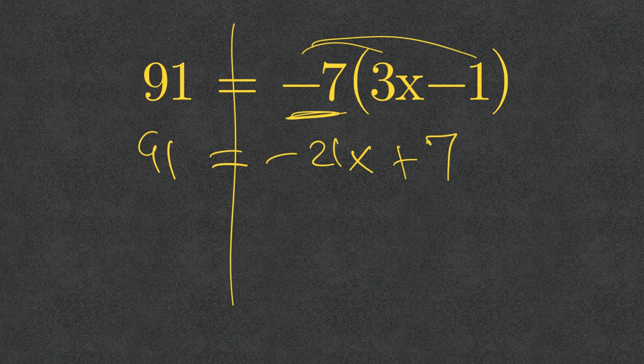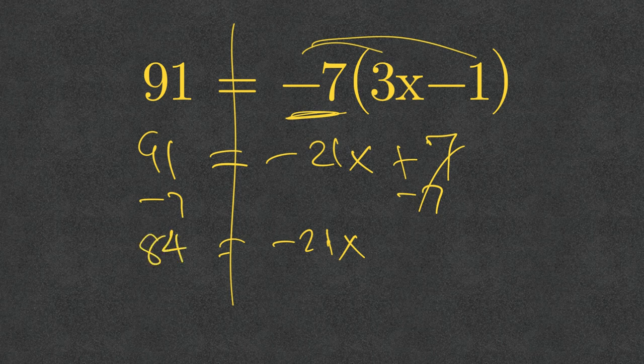Do we need to add or subtract anything? Do what with the 7? Subtract 7 from both sides. Boom. 7s are gone. Negative 21x equals, guys, what's 91 minus 7? 84.